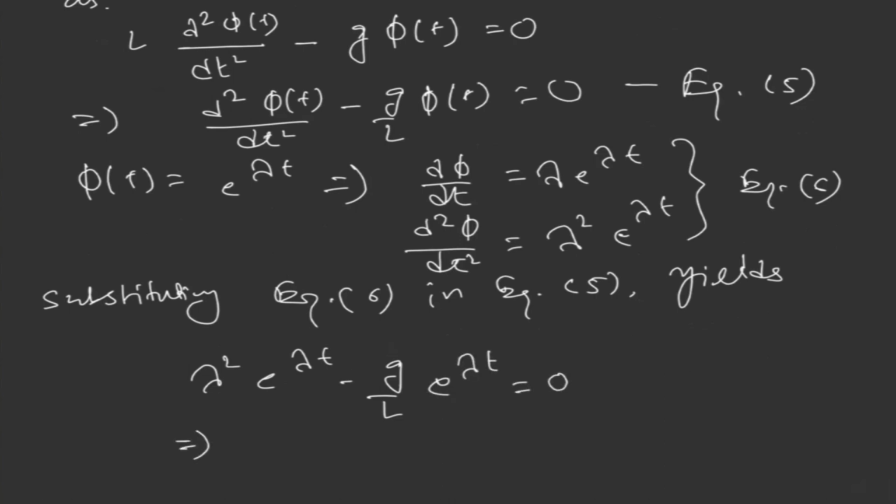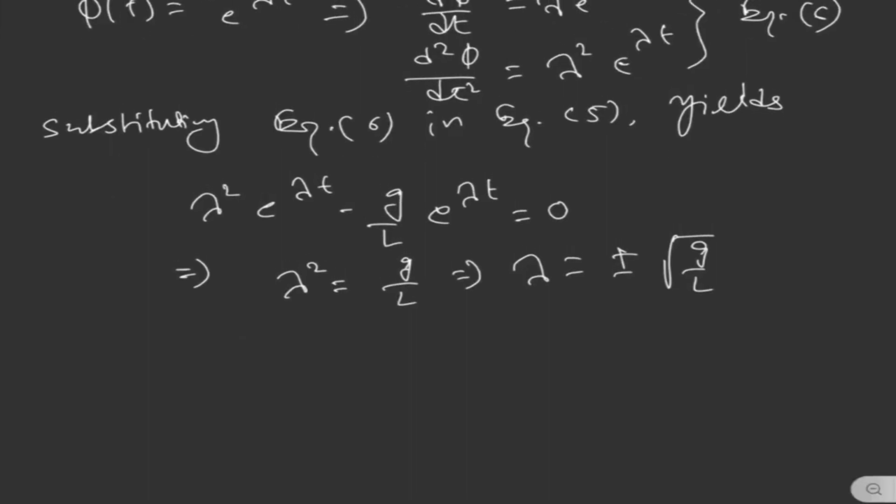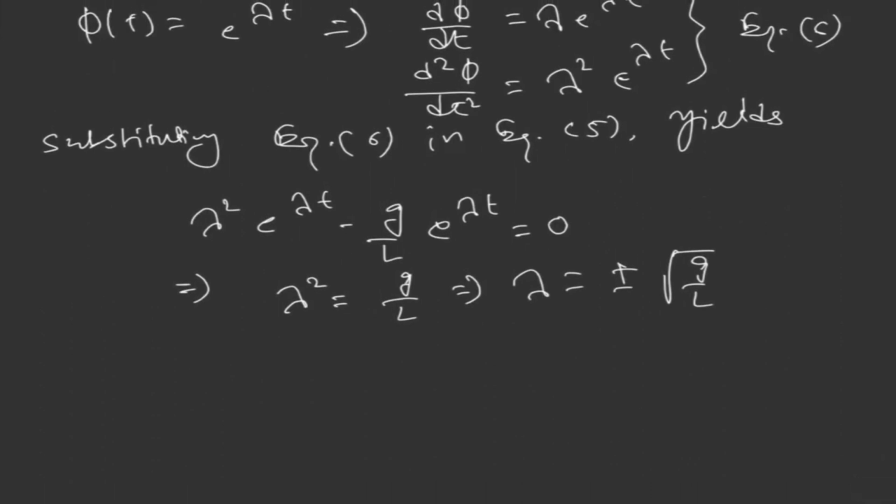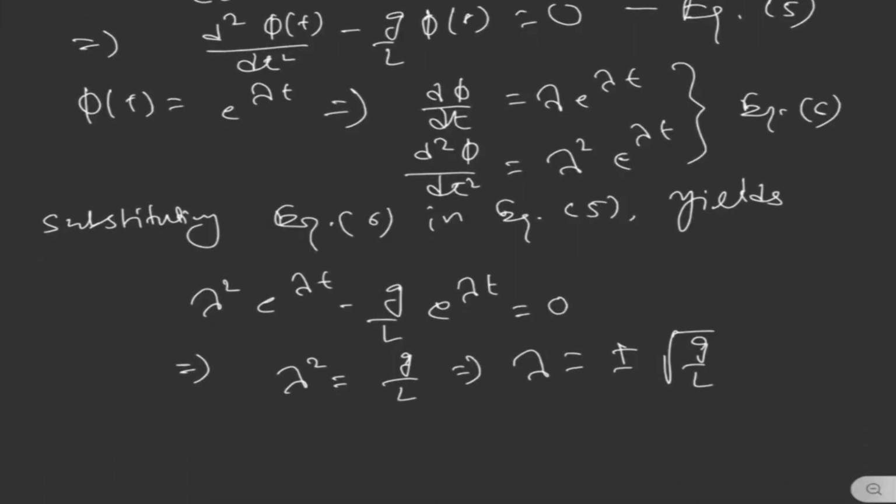And from this we can write lambda square equal to g by L, or lambda equal to plus minus root over g by L. There are 2 roots for equation 5.